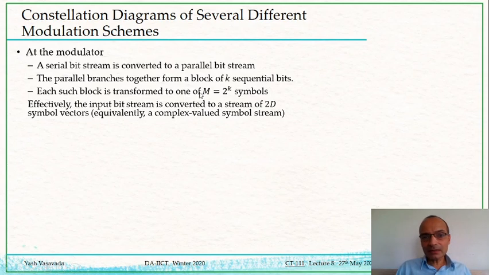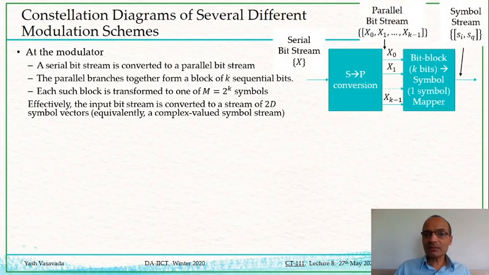And then using those k bits, one of M symbols is selected by the bits to symbol mapper. And that symbol, for the schemes of modulation that we are considering, is a two-dimensional vector. It has an in-phase component Si and a quadrature component Sq.